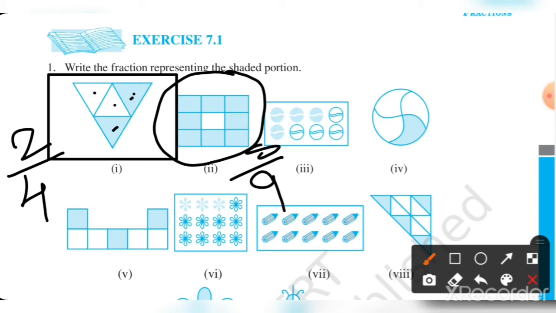So here we can write 8, 8/9. In this way, you can solve question 1. Very easy. Write the total number as denominator and shaded parts as numerator. Okay.